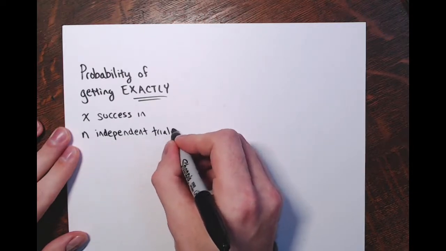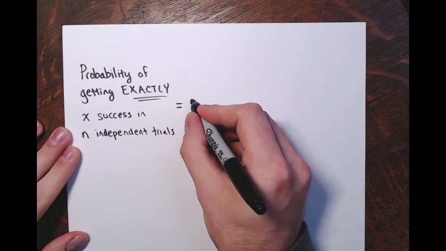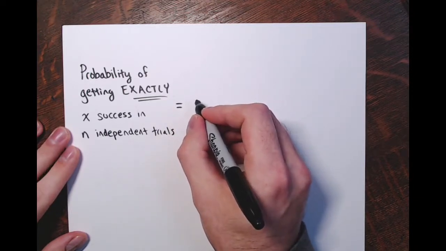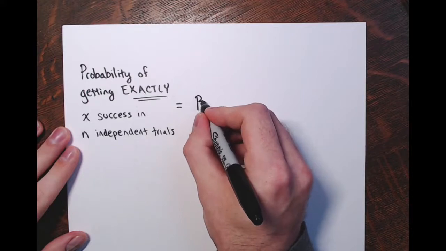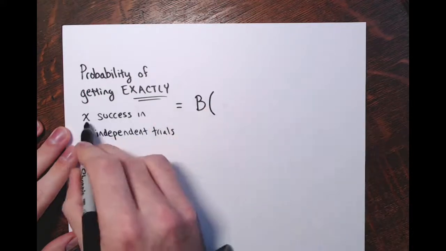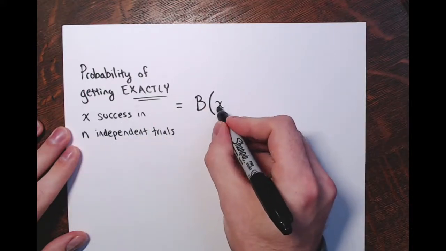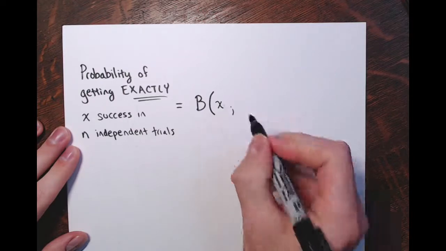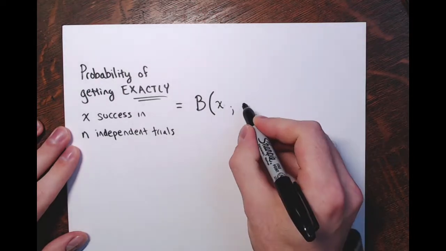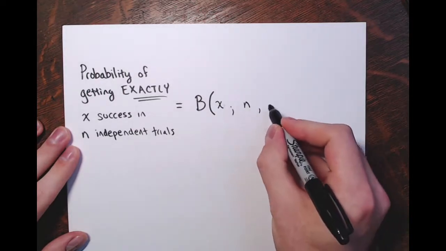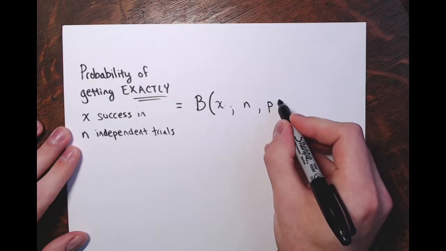So lots of words there. Again, this is denoted in your text here in the KnewtonAlta this way. B, and then in parentheses, the number of successes I'd like to find the probability of getting, semicolon, then the number of trials, comma, and then the probability of success on each trial.